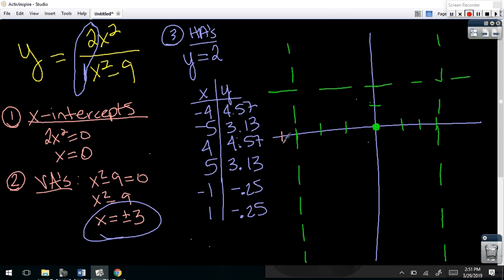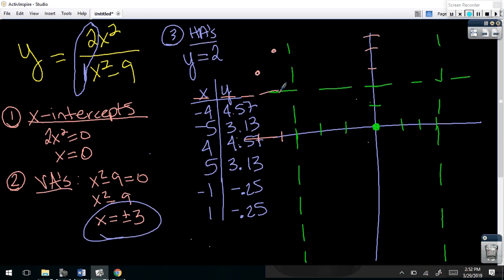-4. 4.5. 1, 2, 3, 4, 5. So about right here. And then -5. A little above 3. This is my asymptote, by the way. I'm just plotting these points, y'all. It's just a lot of points to plot, really.